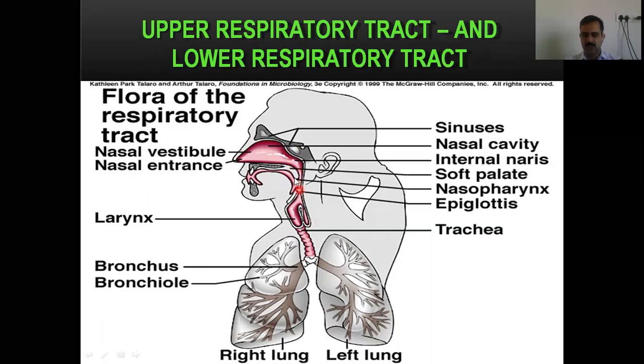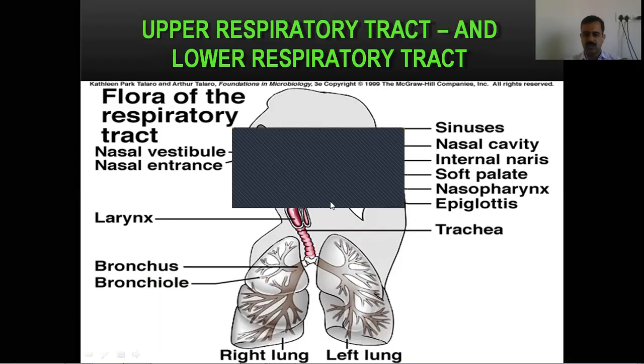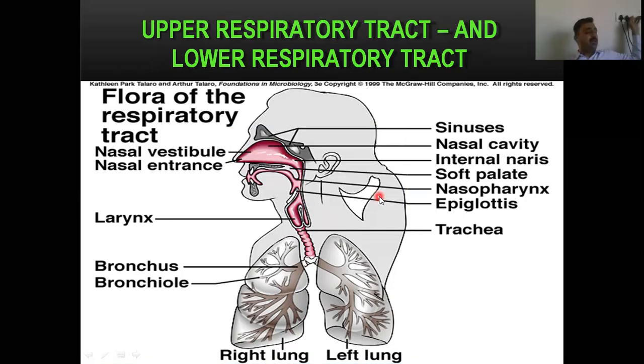Epiglottis. This is the section where the main trachea starts. This is the trachea down. Larynx, wherein your vocal cord is, and the bronchus. From this bronchus, the small branches are called bronchioli. So the normal flora resides in all these areas.